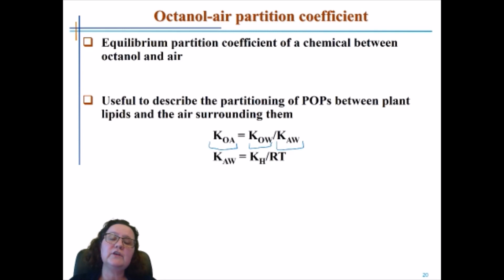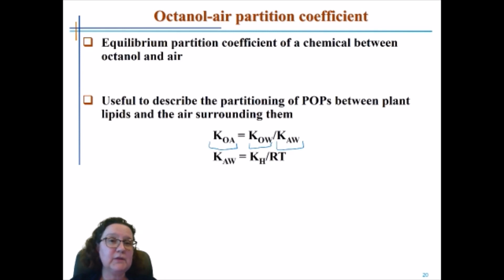So another nice thing you can do with partition coefficients is that you don't have to measure them all. You can have some of them and then combine them to produce new partition coefficients for other things you are interested in.